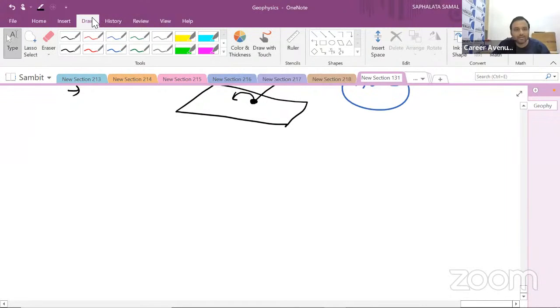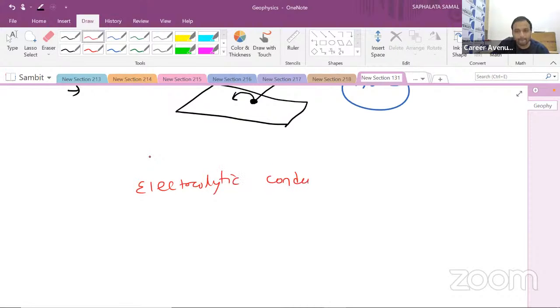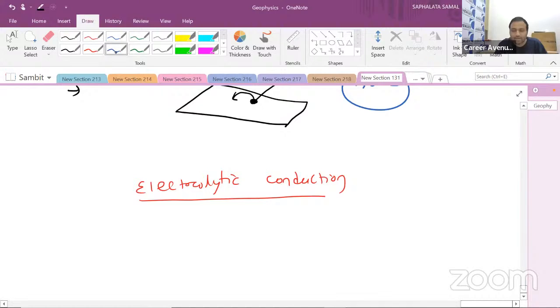Similarly, we have electrolytic conduction. Here, the ions are carried by the fluids from one part to another. That's why the electricity is flowing. Suppose we have groundwater flowing from one part to another. Groundwater has lots of ions dissolved in it, and it takes the ions from one part to another.